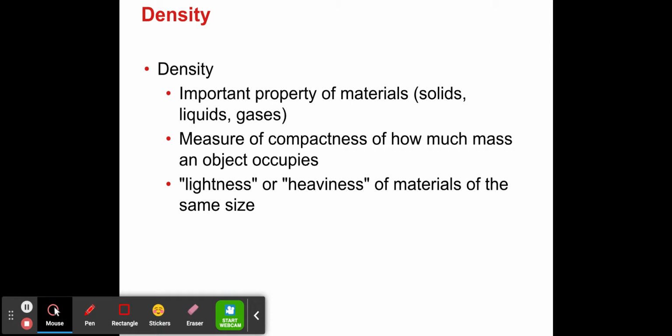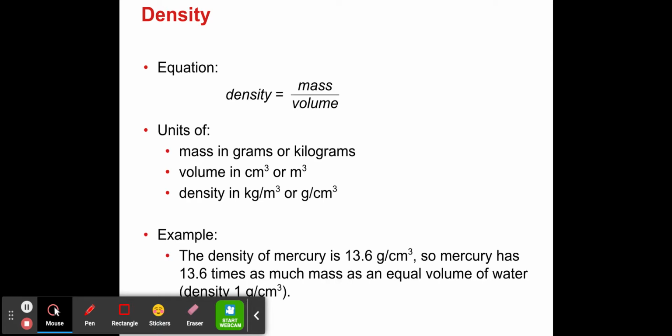It is actually the measure of the compactness or how much matter we have in a specific volume, how much mass an object occupies, the lightness or heaviness of a material. All of that is density. Okay.